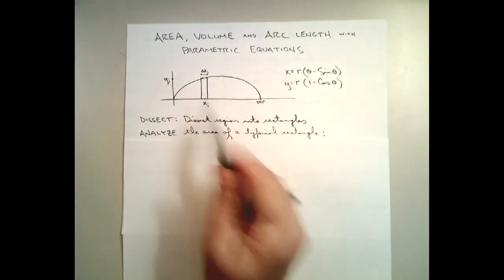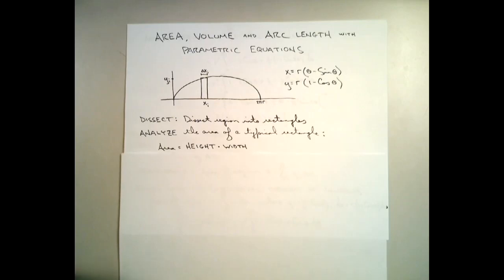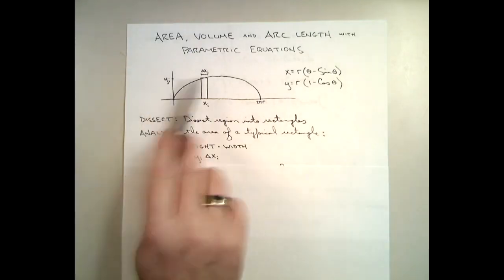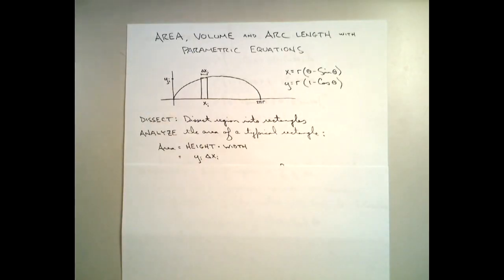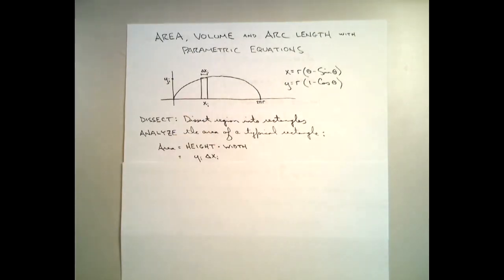After we dissect, we're going to analyze the area of a typical rectangle, and pretty straightforward, right? The area of a rectangle is going to be the height times the width, and in this case, we can see that the height is given to us by the y-coordinate, and the delta x sub i, the width of that rectangle, is a little change in x.